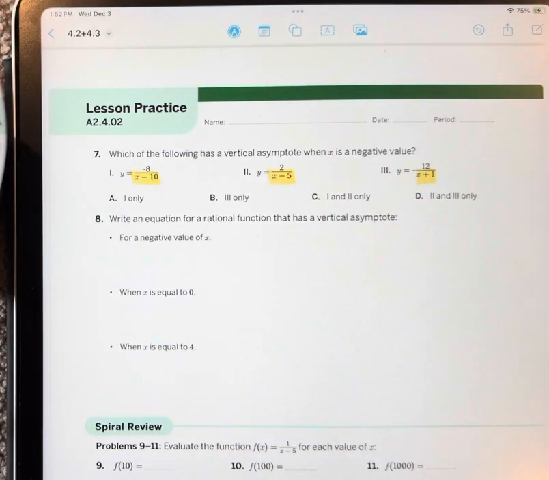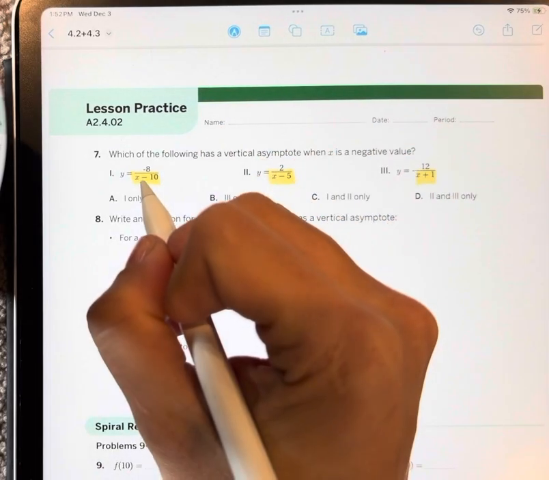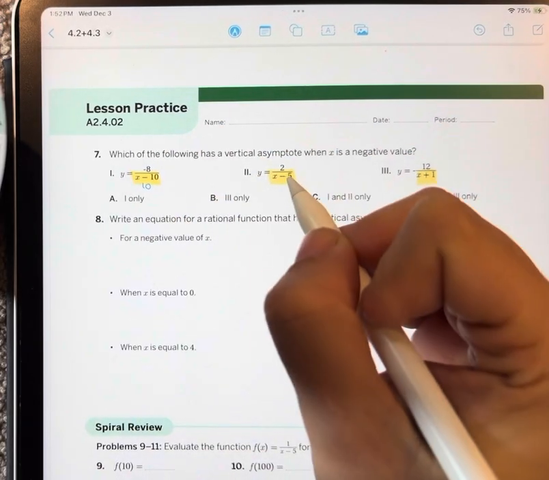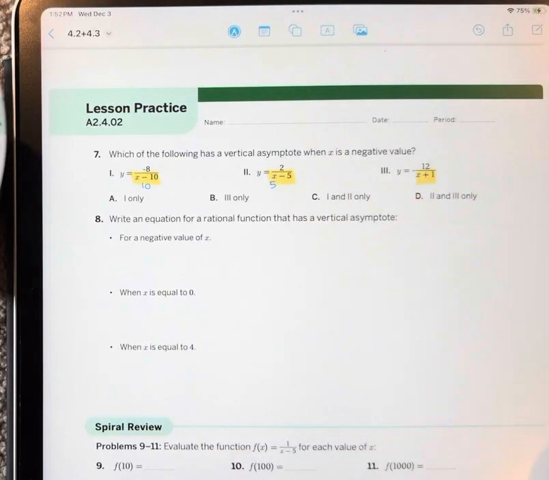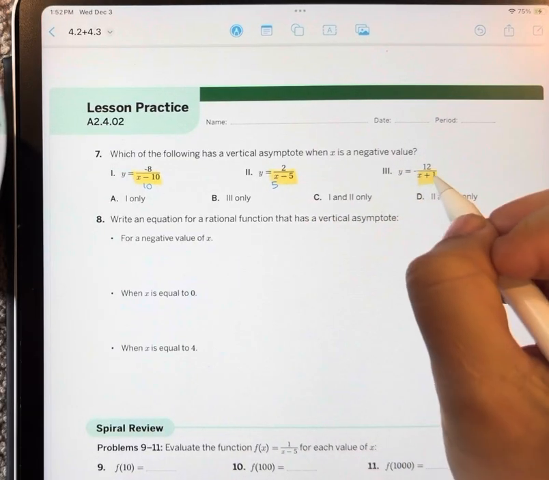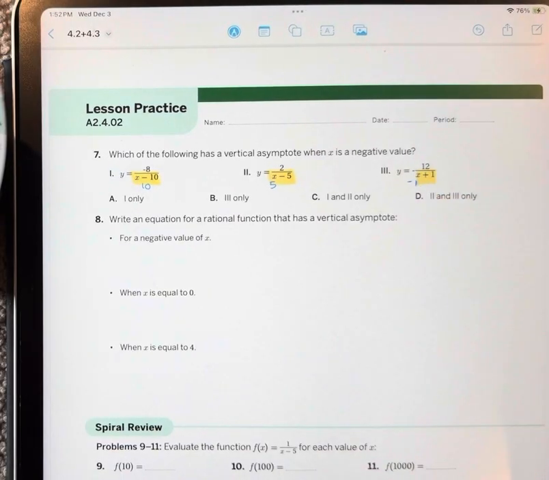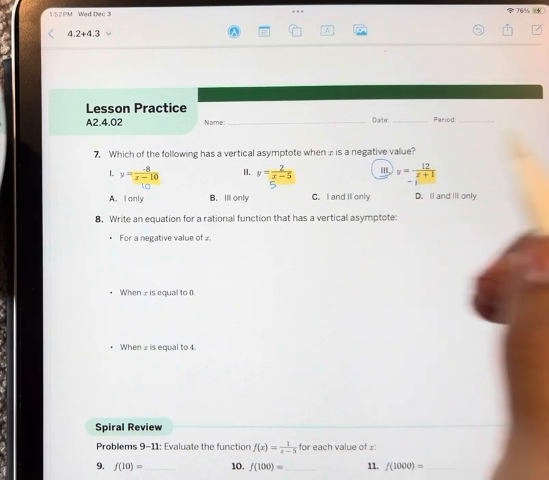So what number makes the denominator 0? In this one, 10 makes the denominator 0: 10 minus 10, 0. In this one, 5 makes the denominator 0: 5 minus 5, 0. And in this one, negative 1 makes the denominator 0 because negative 1 plus 1 is 0. So which is it? Only 3.